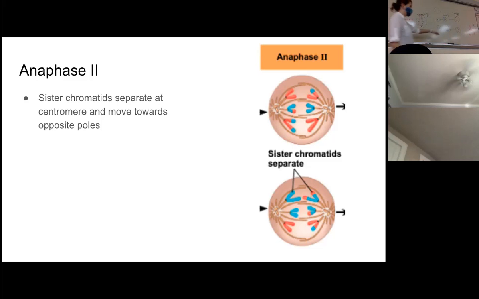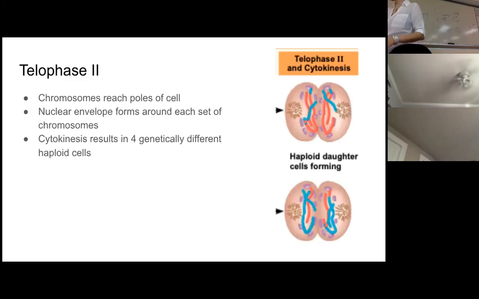We're pulling apart our sister chromatids in anaphase. Once they reach the ends of the cell, what do we do next? What comes after anaphase? Telophase and cytokinesis, yeah.